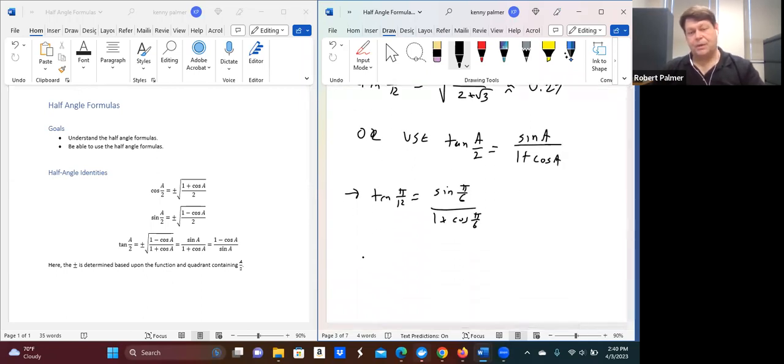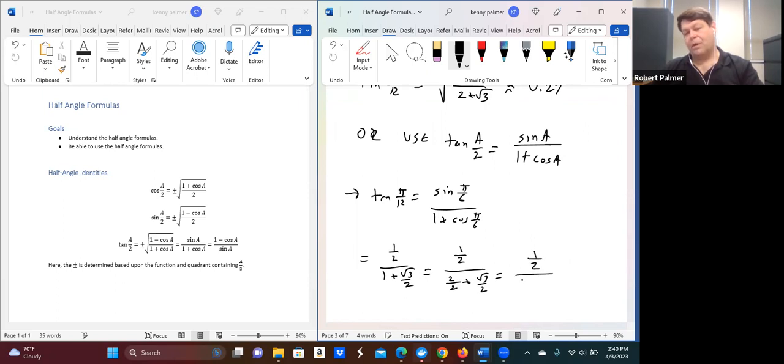Okay, plug those in. And so we have the sine of pi over 6. Once you check your unit circle, it's going to be 1/2, and 1 plus cosine of pi over 6, as we used before, is the square root of 3 over 2. And once again, combine your fractions in the denominator. So 1/2 divided by 2 over 2 plus the square root of 3 over 2. And combine those.